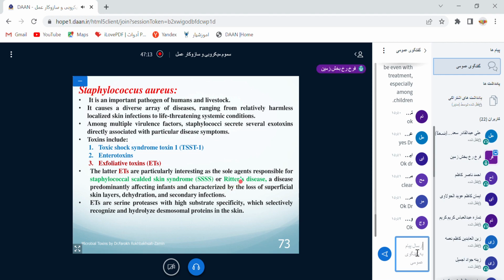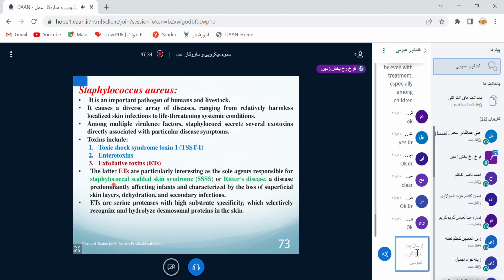What is this? It is a disease predominantly affecting infants and characterized by loss of the superficial skin layer, dehydration, and secondary infection.